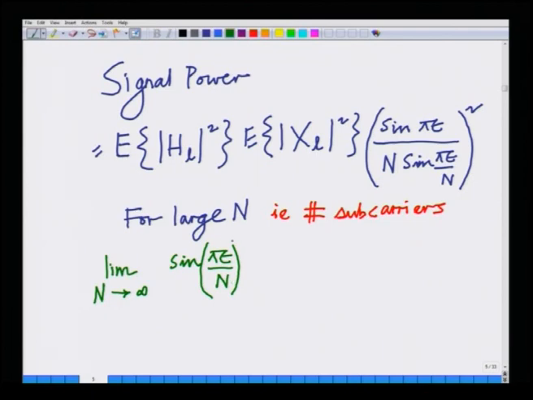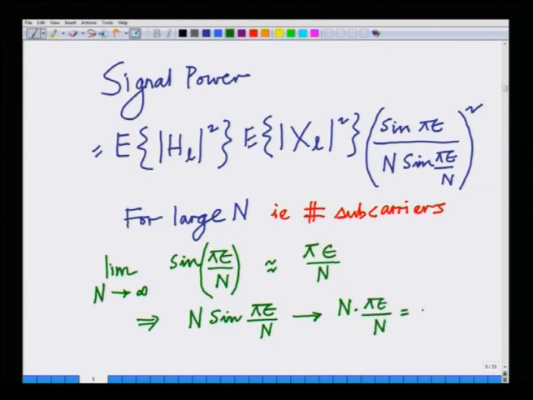As n tends to infinity, pi epsilon over n tends to 0, and when theta becomes very small, sin theta approximately tends to theta. Hence, this is approximately pi epsilon over n for very large n, which implies n sin pi epsilon over n tends to n into pi epsilon over n, which equals pi epsilon.